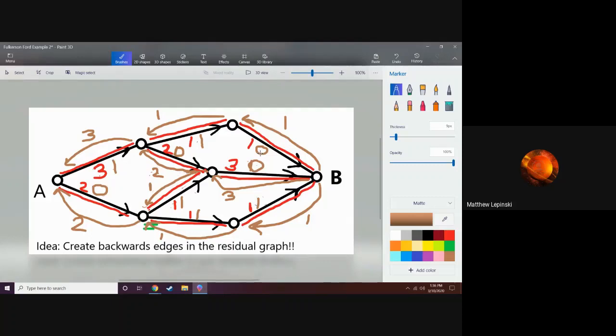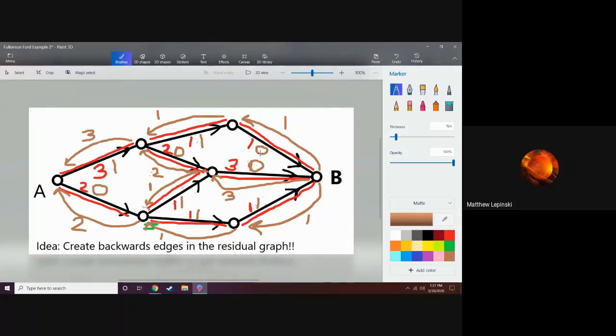If you look at some examples and think about how a loop might come about, you should be able to convince yourself that a loop should only happen if your pathfinding algorithm returns you a loop at some point.